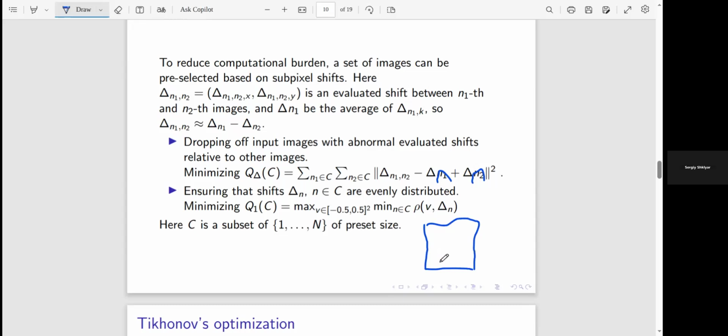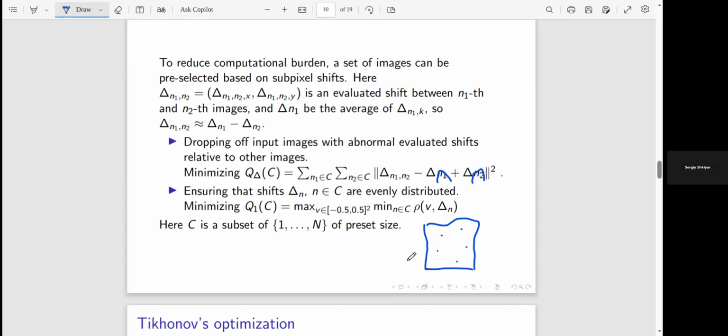Now we calculate, by averaging, the subpixel shifts of the images against a common grid.